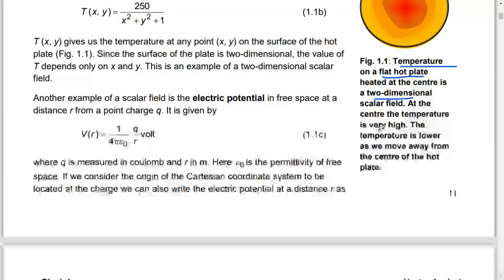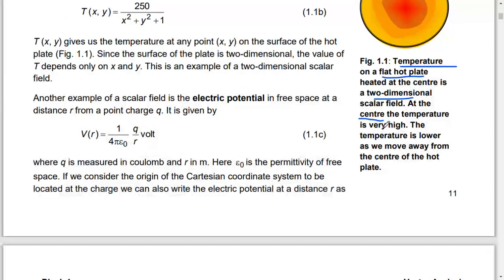At the center the temperature is very high. The temperature is lower as we move away from the center of the hot plate. T(x, y) gives us the temperature at any point x, y on the surface of the hot plate. Since the surface of the plate is two-dimensional, the value of T depends only on x and y. This is an example of a two-dimensional scalar field.